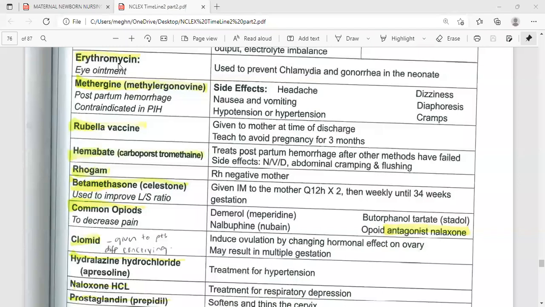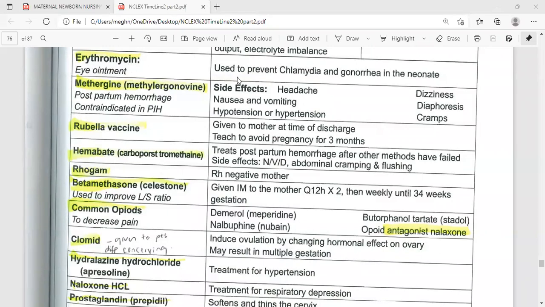So when you give erythromycin, it is important to monitor the side effects. Common side effects are nausea, vomiting, and diarrhea. Some patients develop thrombocytopenia, abdominal pain, taste change, or superinfection is also common.